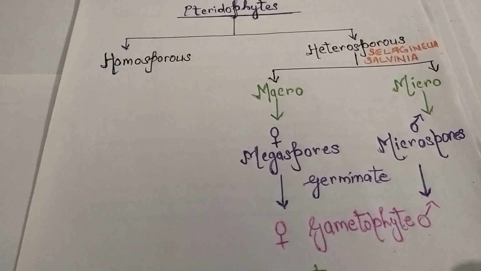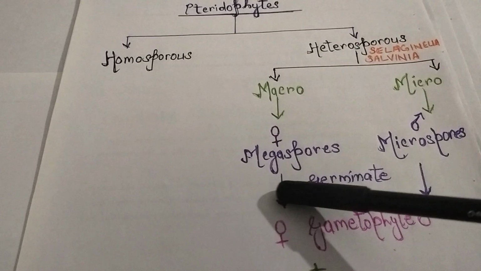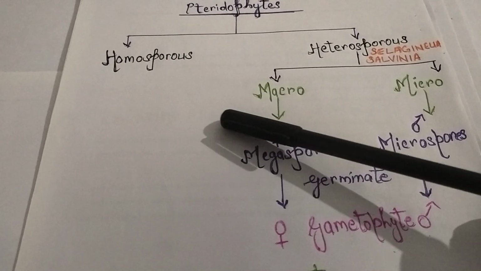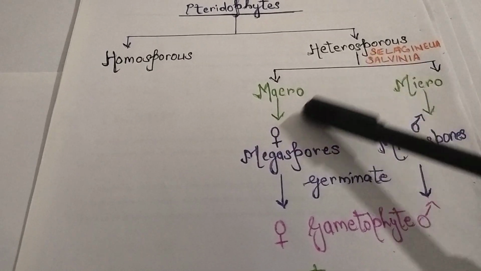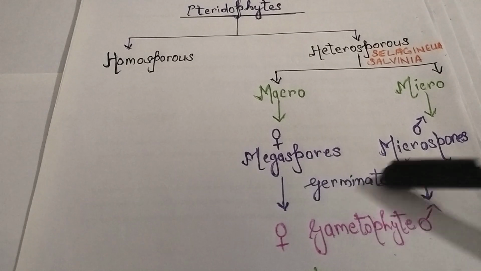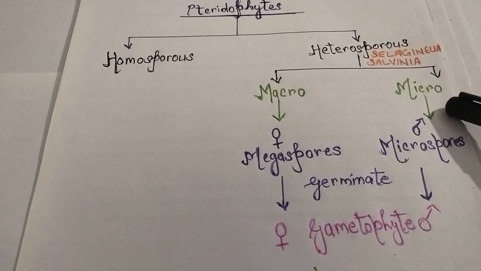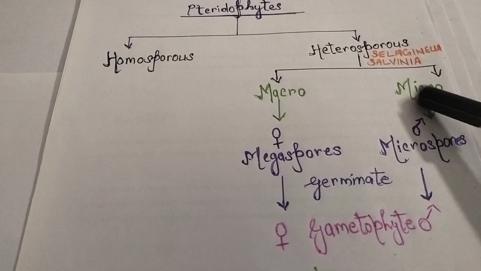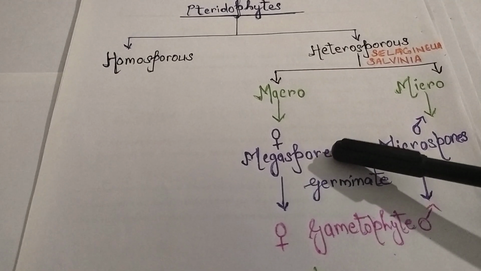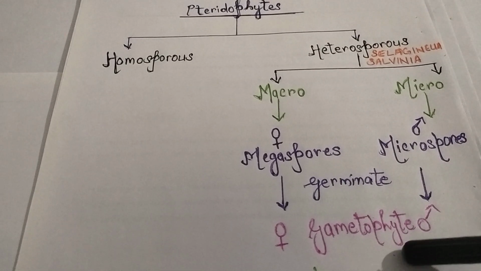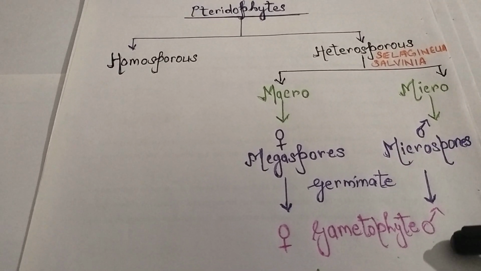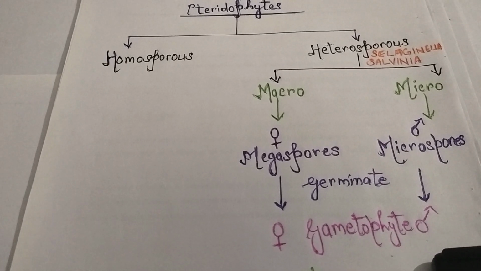We studied that pteridophytes may be homosporous or heterosporous, meaning they can produce a single kind of spore, or some of them produce two kinds of spores, that is macrospores and microspores. If you remember, in the last video we studied that macrospores or megaspores germinate to form the female gametophyte, and microspores germinate to form the male gametophyte.